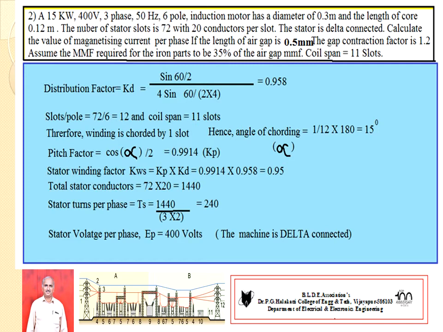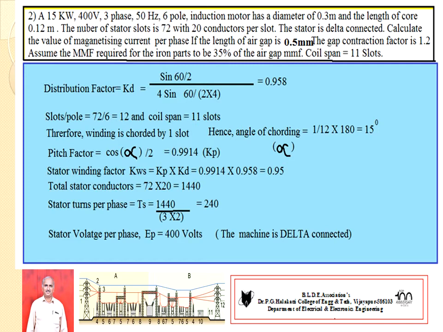Then one more data is given, the coil span. Coil span is 11 slots. So we have to calculate slots per pole. So slots per pole equals 72 slots divided by 6 poles. We are going to get 12. Therefore the winding is chorded. We know the actual slots per pole is the full pole pitch.